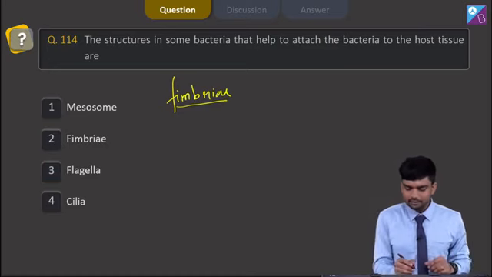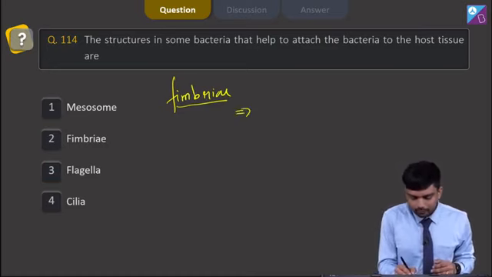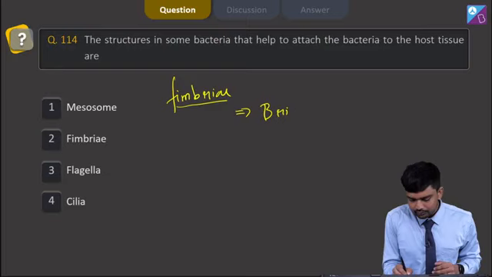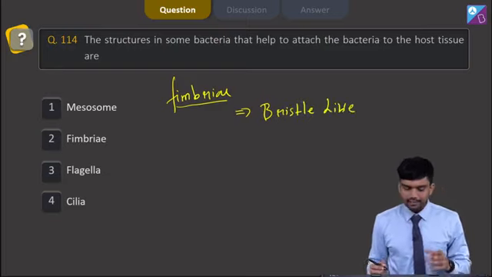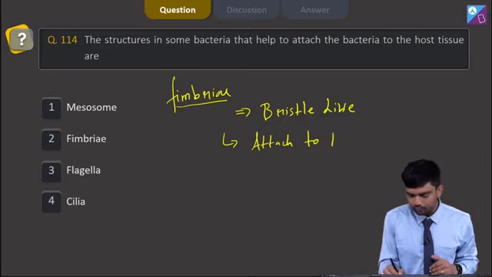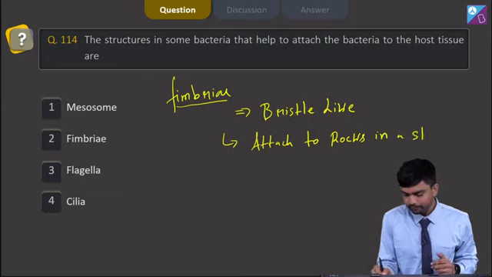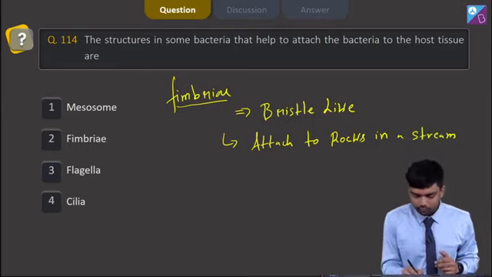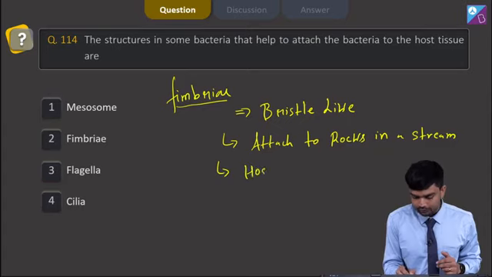Fimbriae are small bristle-like structures present in the bacterium which help the bacteria attach to rocks in a stream and also to the host organism, or we can say host tissues of the organism.